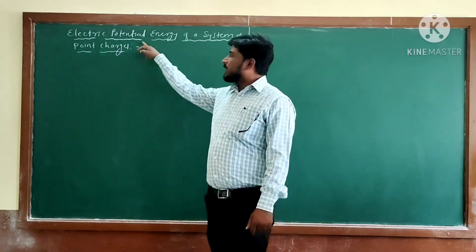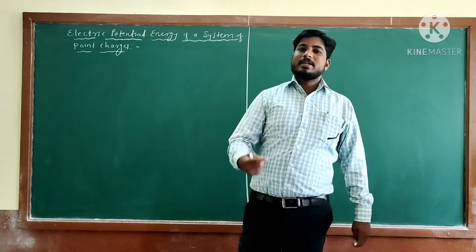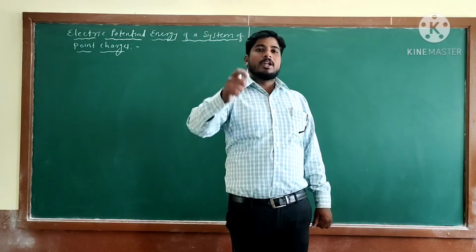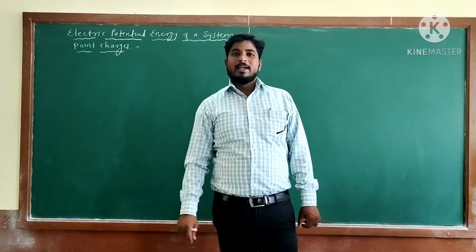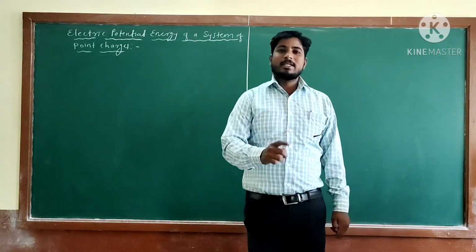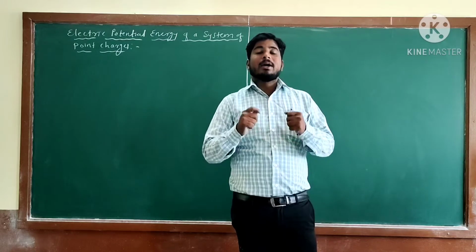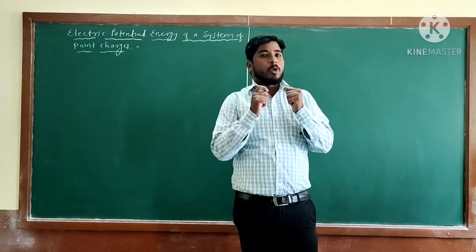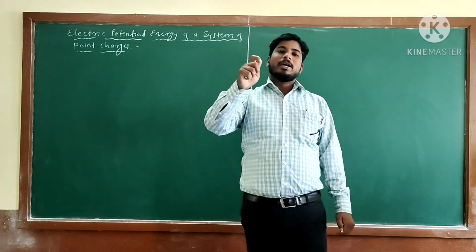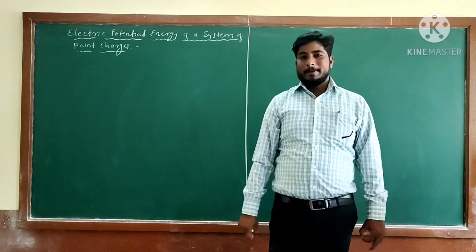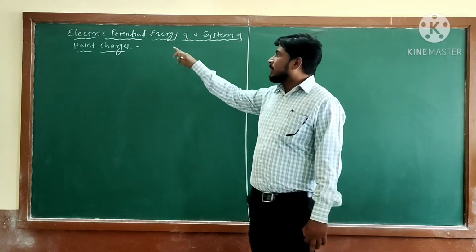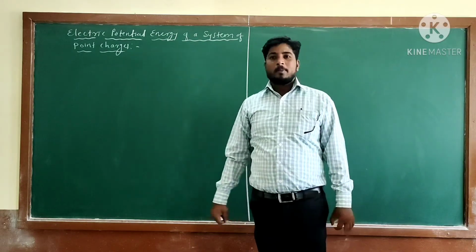As the name indicates, potential energy is the energy possessed by the body by virtue of its position or configuration or location. In the same manner, the potential energy of a system of point charges is the work done in bringing a point charge or a system of charges from infinity to their present configuration or present location. That is called the potential energy of the system of point charges.